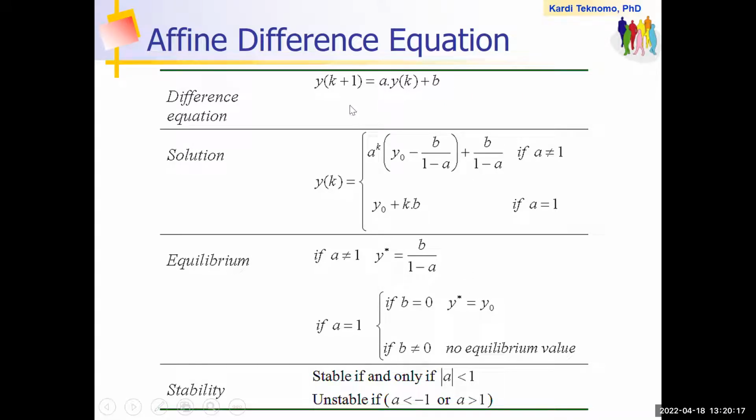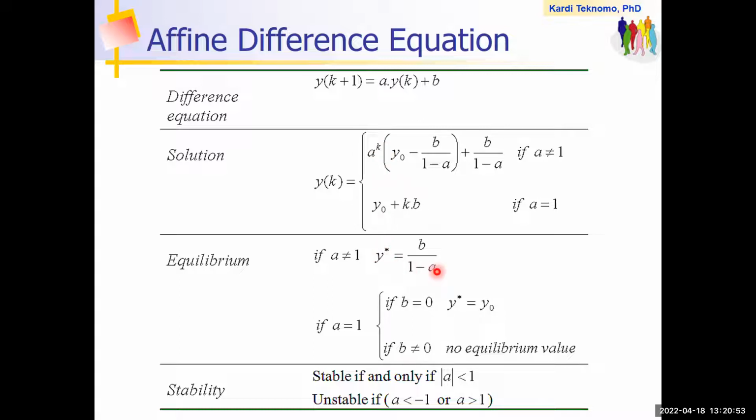The difference equation is something like this, on the top: y_{k+1} = a times y_k plus b. If you find the solution, depending on the value of a, if a equals 1, you get a linear model like this. Otherwise it's non-linear, because of a to the exponent k. This is geometric, based on the geometric series.